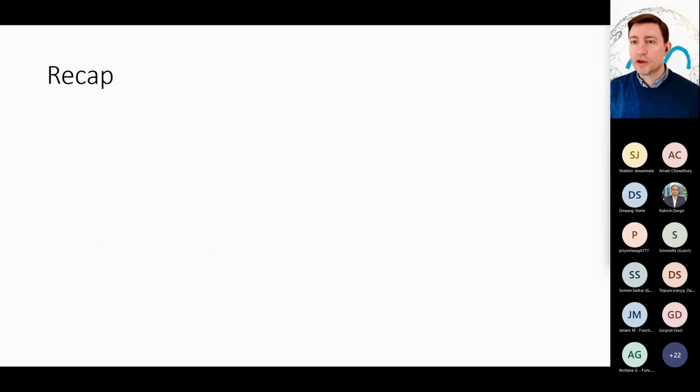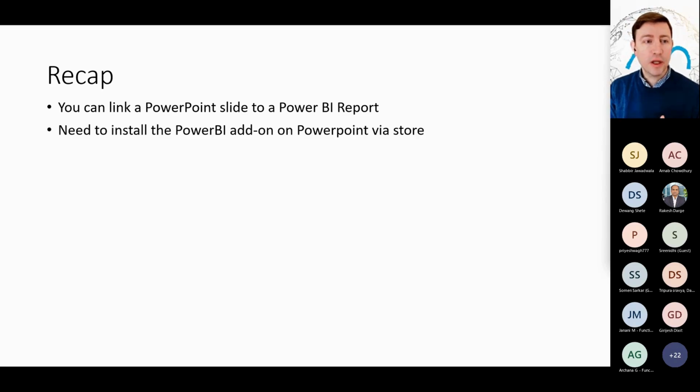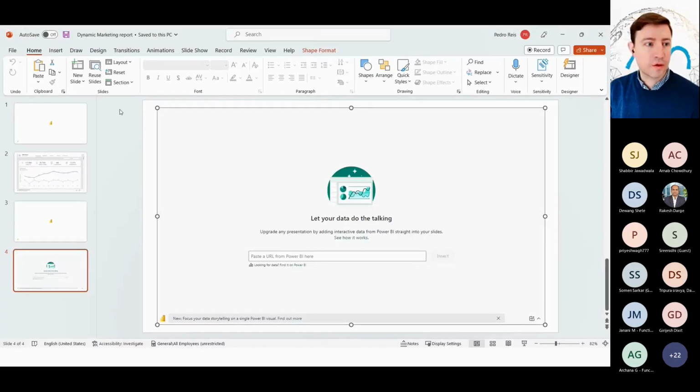Okay, so doing a quick recap of the session. What's important to know? You now know that you can link a PowerPoint slide to a Power BI report in a dynamic way. You need to install the Power BI add-in on PowerPoint via the store.